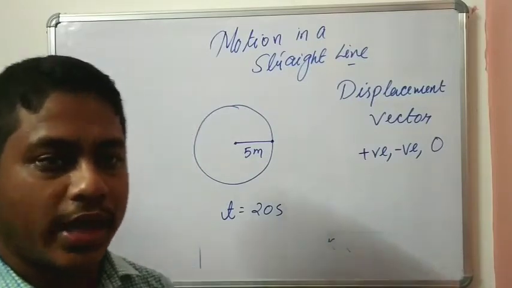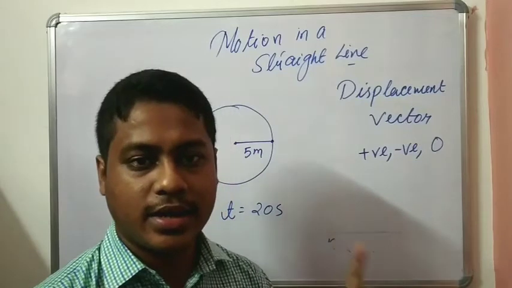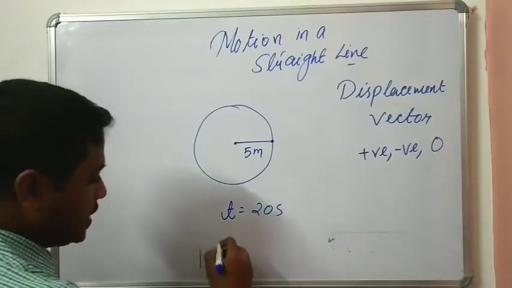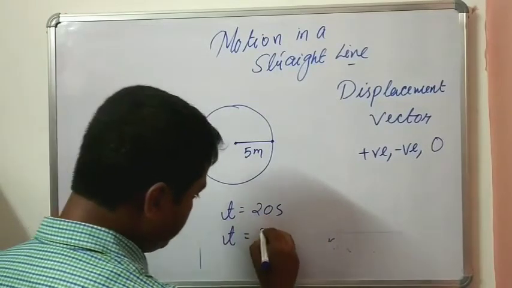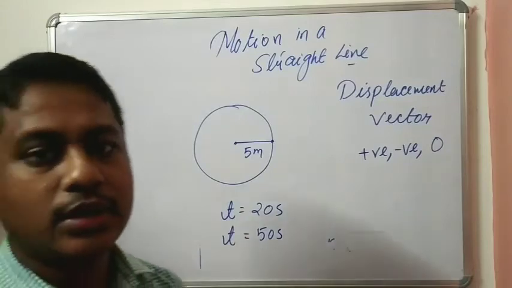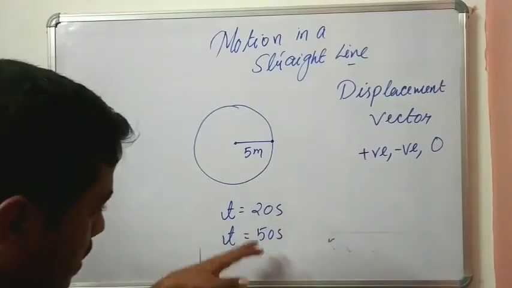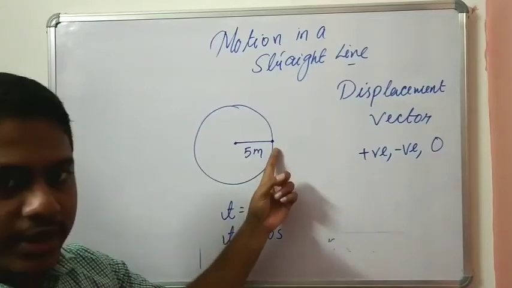Now the question goes like this. What will be the distance and the displacement for a time of, suppose, 50 seconds? Now you can see here, to complete one circle he takes 20 seconds.